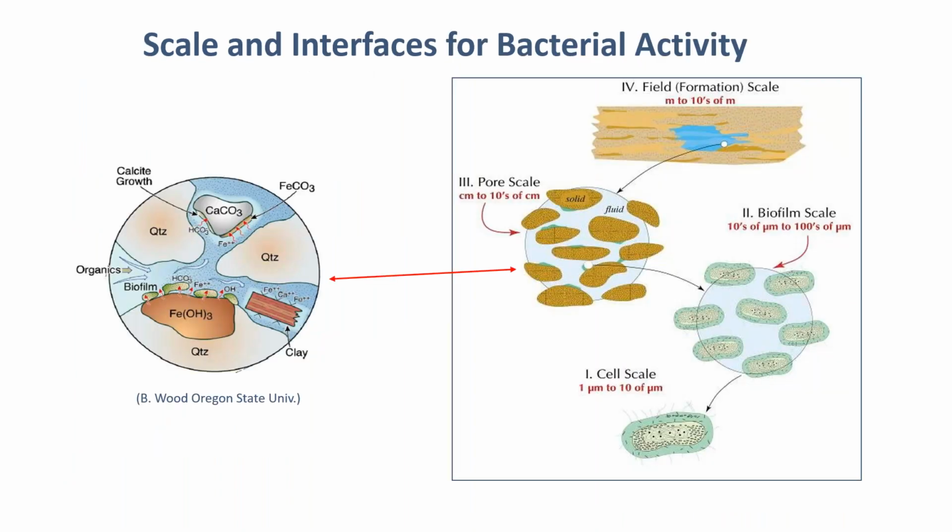So subsurface media have a hierarchical structure that controls physical processes of contaminant fate and transport. Phenomena at the very smallest scales can have a dramatic impact at the large scales. For example, processes at the cellular level occur at the micron scale, but processes can be observed at the field scale. Bacterial activity occurs at interfaces. So this is really important.